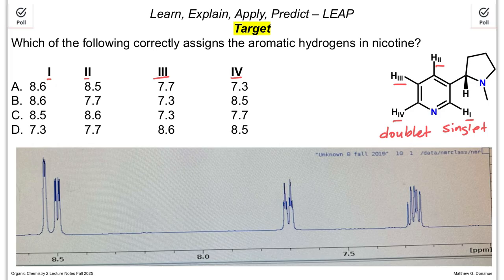So that's how we could assign H3 to that. That looks the most complex because it has the most neighbors. And then the through-the-ring coupling leads to all the other little stuff that you see.